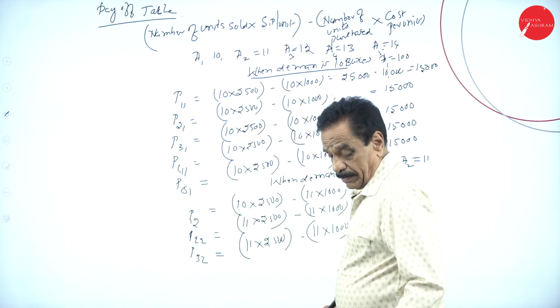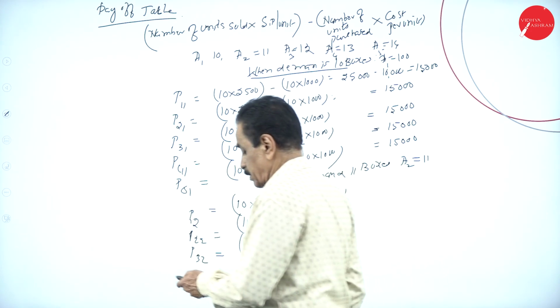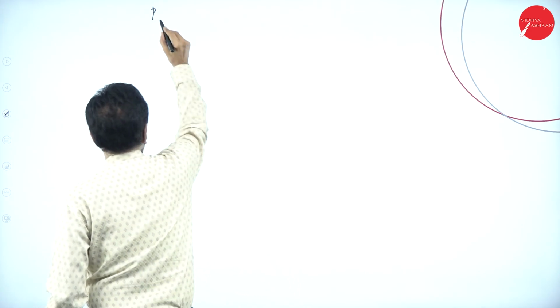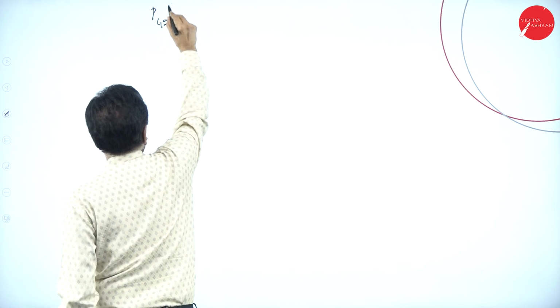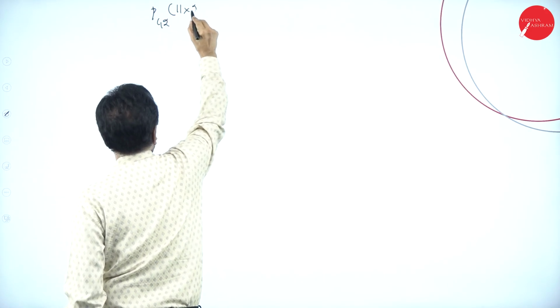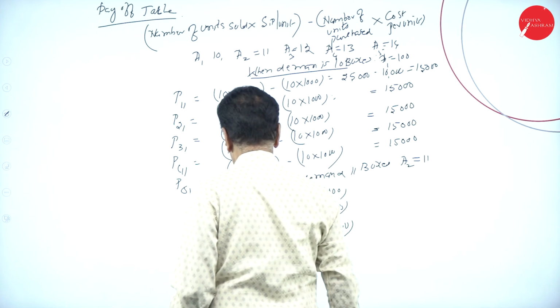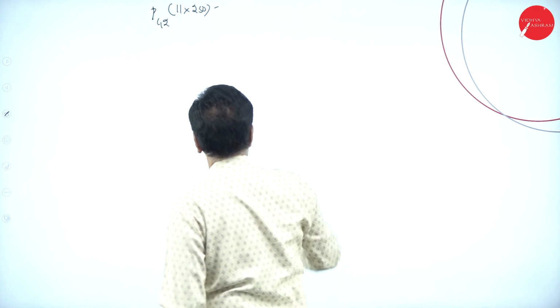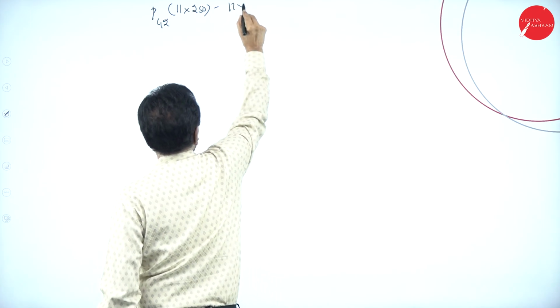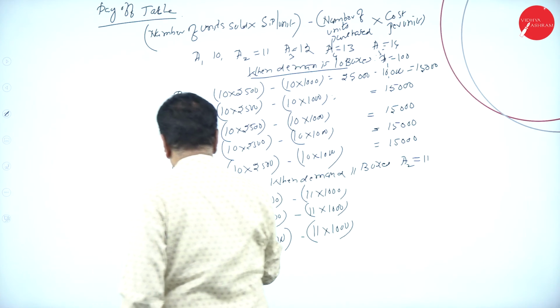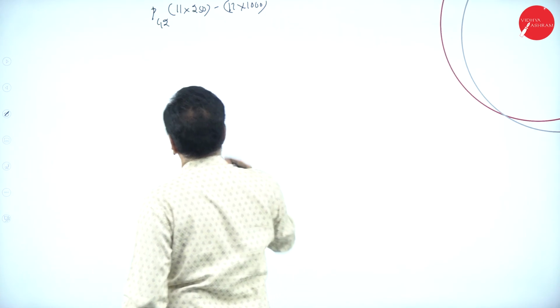Okay, then P42: 11 into 2,500 minus 11 into 1,000. One, two, three, four.